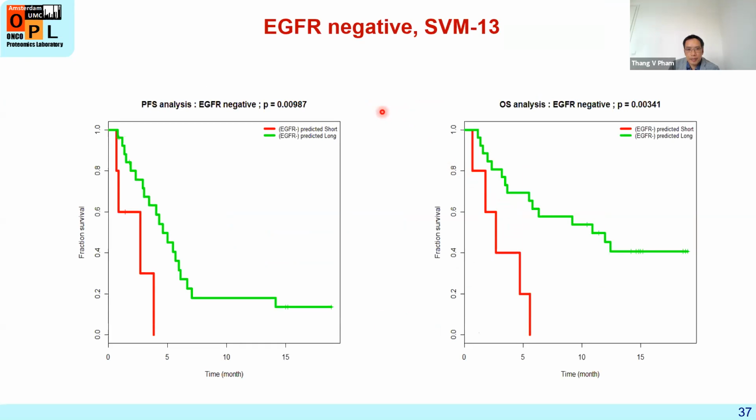So if we look at the cohort of patients without this mutation, EGFR negative, we can see that the support vector machine can separate the subset of patients who are predicted long and predicted short. So that result is really interesting because EGFR positive patients can receive this treatment, but for the EGFR negative patients, some of them might still benefit from the drug.